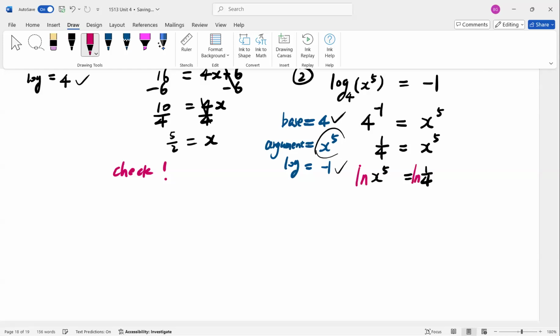On the left side we have ln of x to the power 5, on the right side we have ln of 1/4. On the left side, since the argument is a power with exponent 5, we can move the 5 in front, and we have 5 ln x.